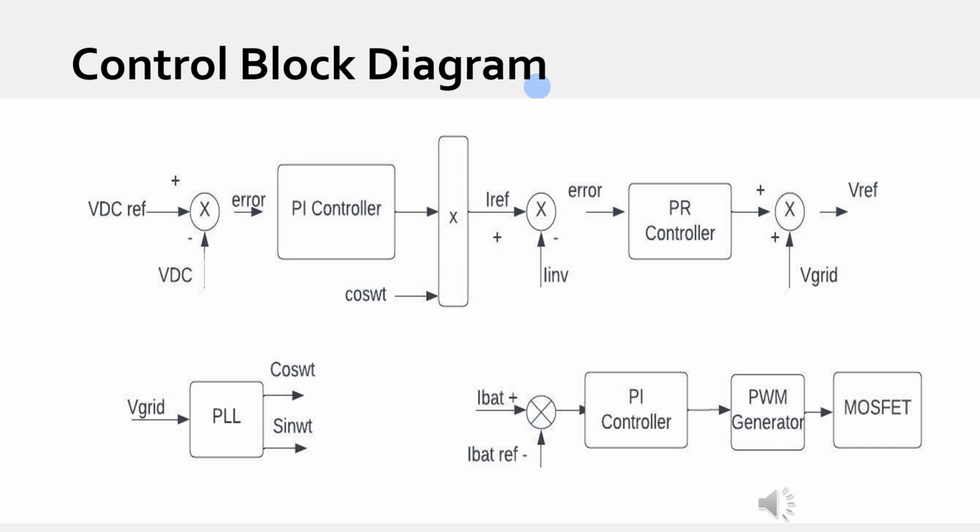The difference was sent to a PI controller, and this PI controller corrects the error, and based on that it is able to regulate the width of the PWM pulse signals going to the MOSFETs of the buck converter and then the boost converter, based on either charging or discharging.